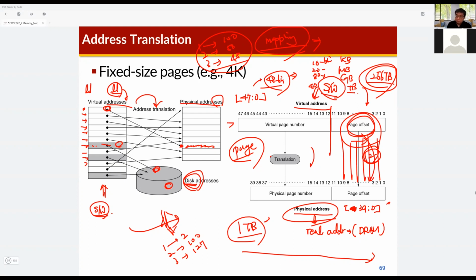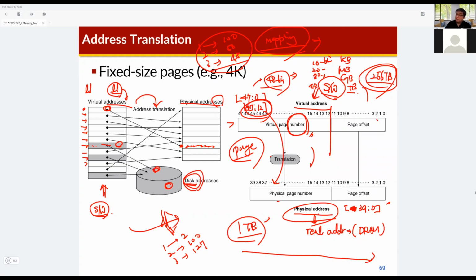Instead, we just translate this upper part, like 47 down to 12, to the physical address.